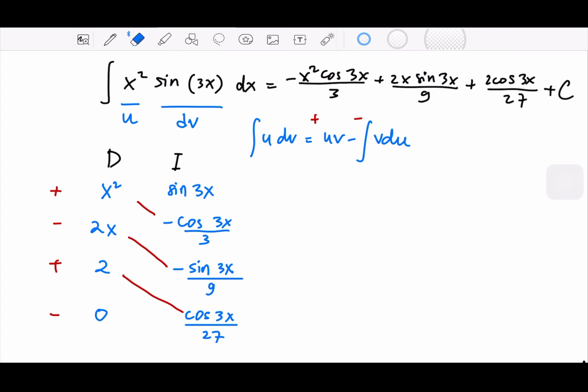I think this will be very helpful if you can identify from the components of the integral which part, when we derive it, will reach 0. So we can decide that will be our u, and the other part will be our dv. And derive, integrate.